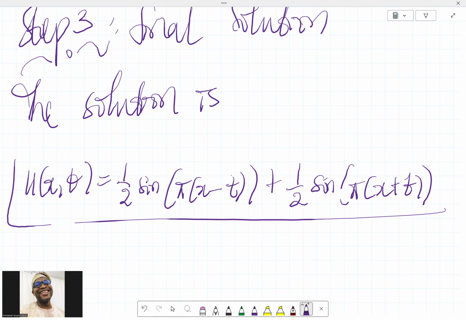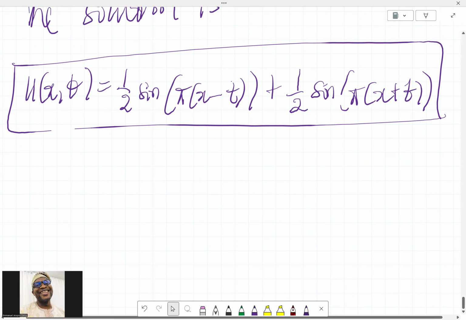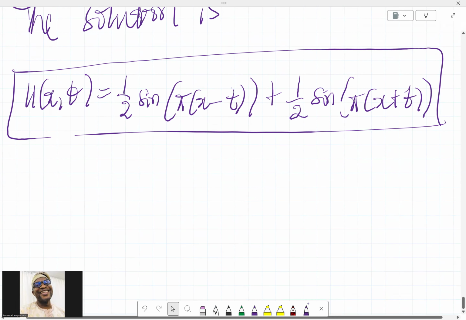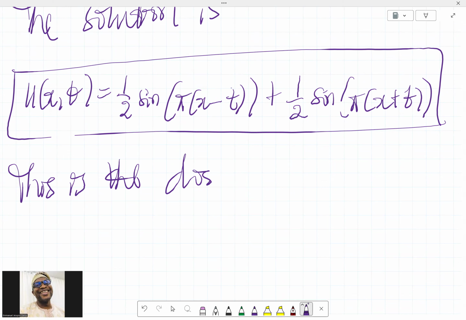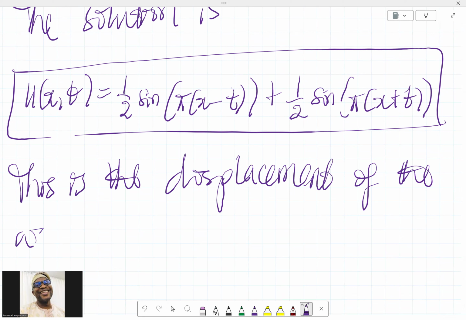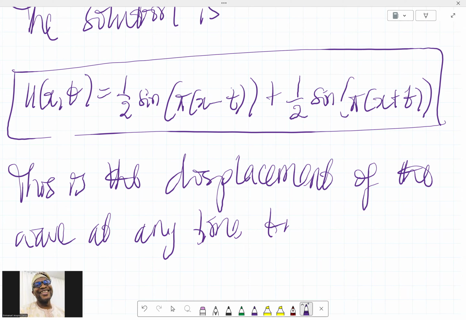And that is the final result in that case. So we can then say this is the displacement of the wave. This is the displacement of the wave at any time, t.